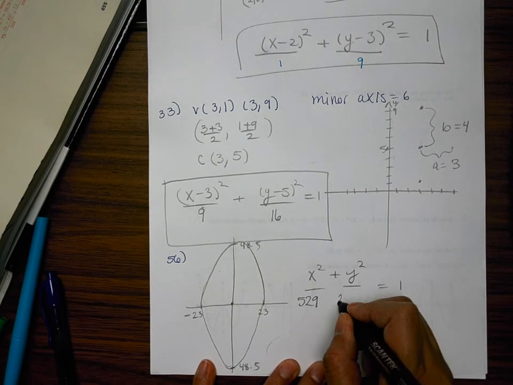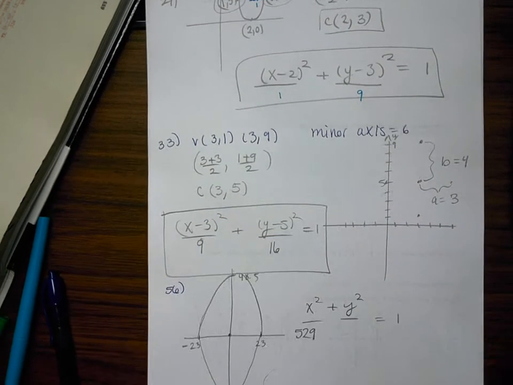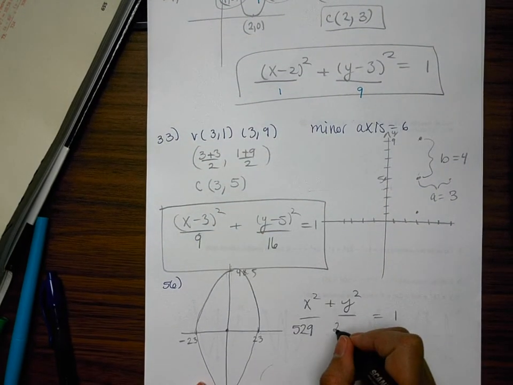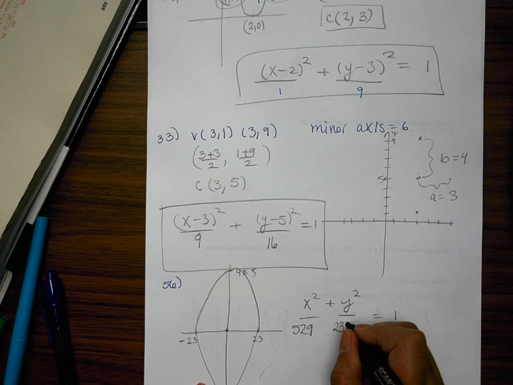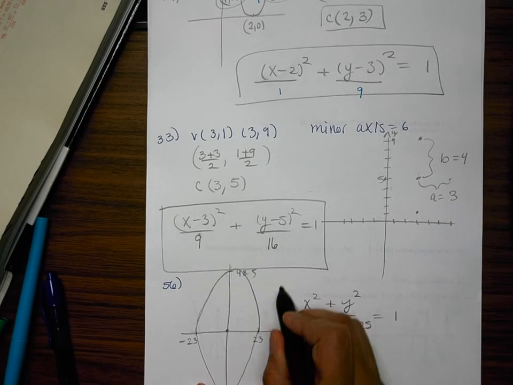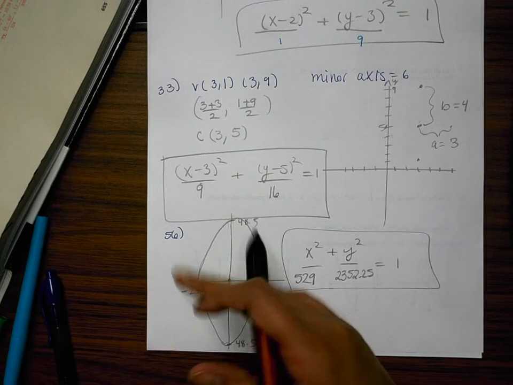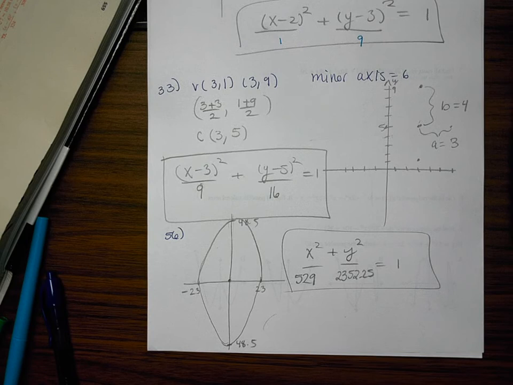It's 2,352.25. There's your equation for the building.